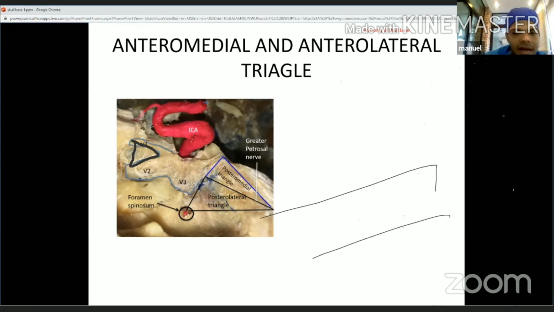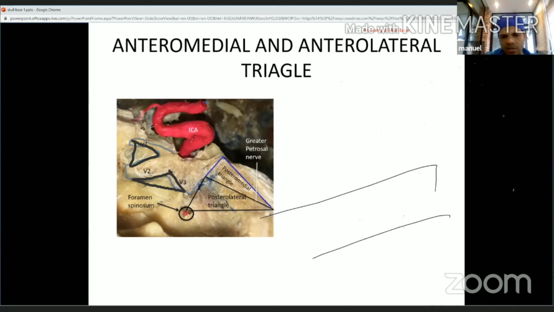Okay. And inferior we see between maxillary and mandibular. Between maxillary and mandibular, we have the anterolateral triangle. Okay. Excellent. And we have two posterior triangles: the posterolateral triangle and the posteromedial triangle.